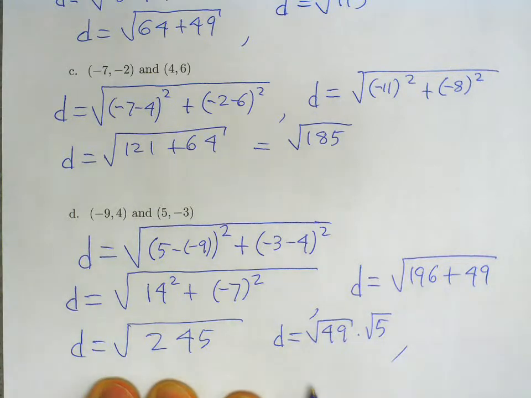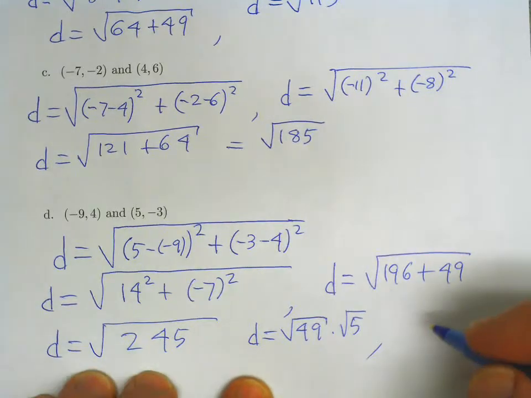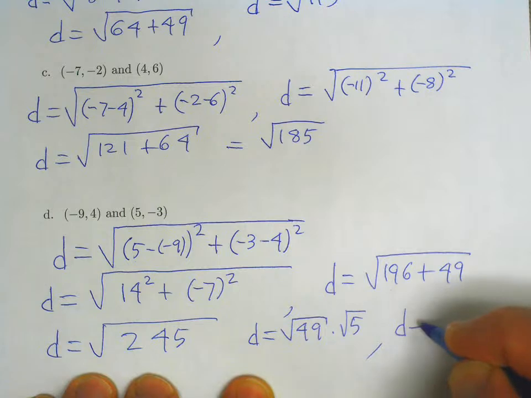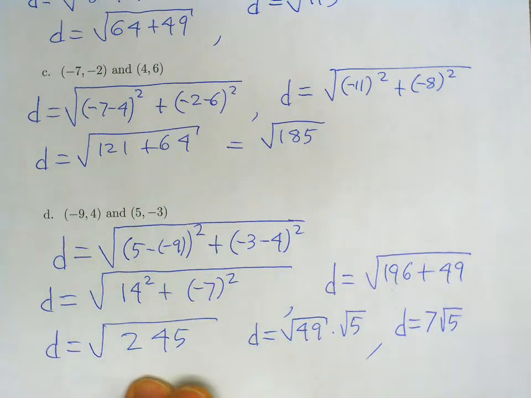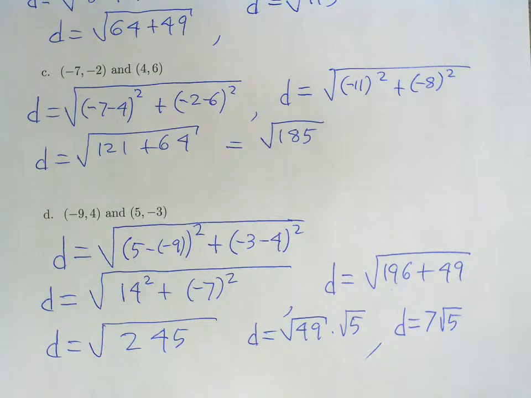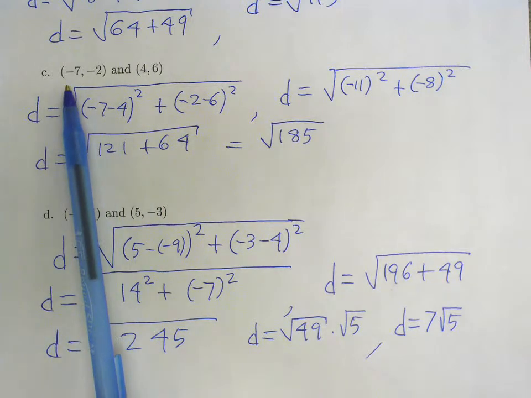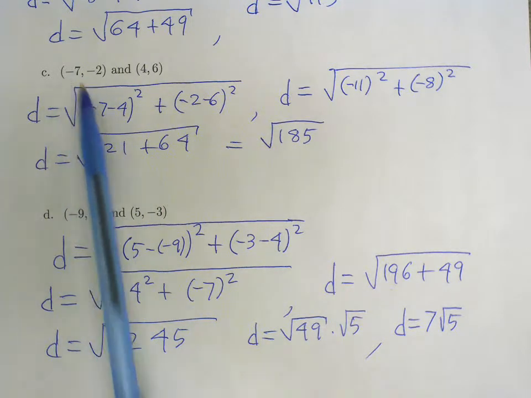And then the square root of 49 is 7. So our final answer is the distance is 7 times the square root of 5. Okay, the distance formula is not that hard to apply, but as I keep saying, you have to be careful with the arithmetic, especially with coordinates that are negative numbers.